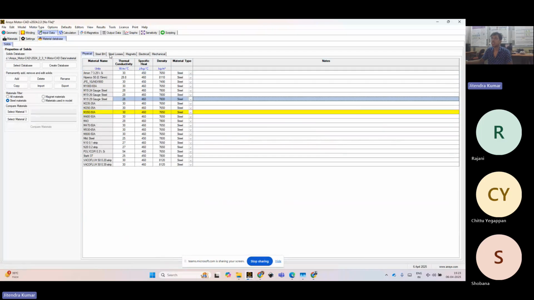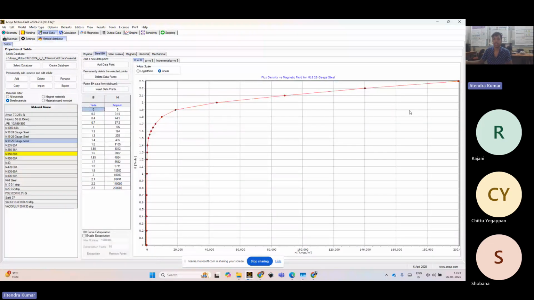If we go to the steel BH curve, this is the kind of steel BH curve you will see. Mostly we are concerned about the saturation level where it is hit, like 1.9 Tesla. After 1.9 or 2 Tesla, it is almost saturated. This is conventional silicon non-oriented grain steel.